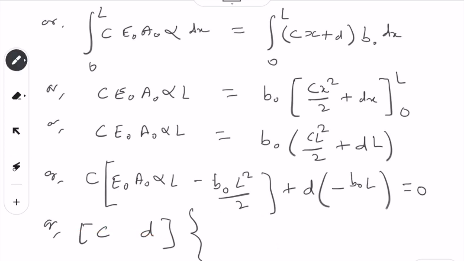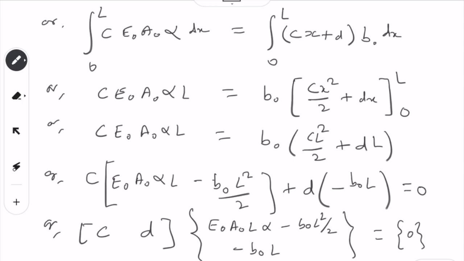So we will have E naught A naught L alpha minus B naught L squared over 2, and then here you have minus B naught L, and that is equal to 0.